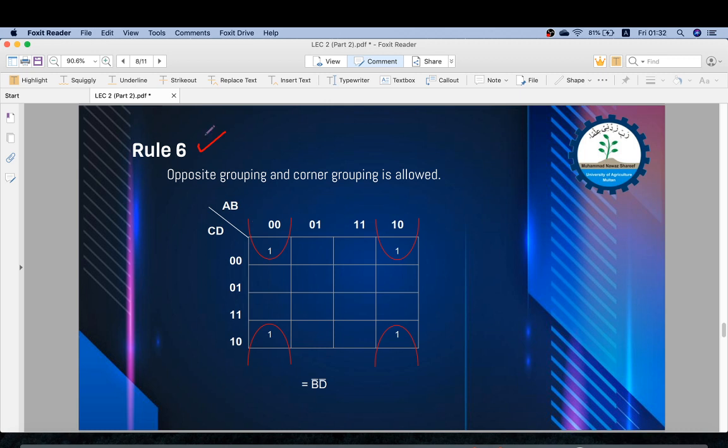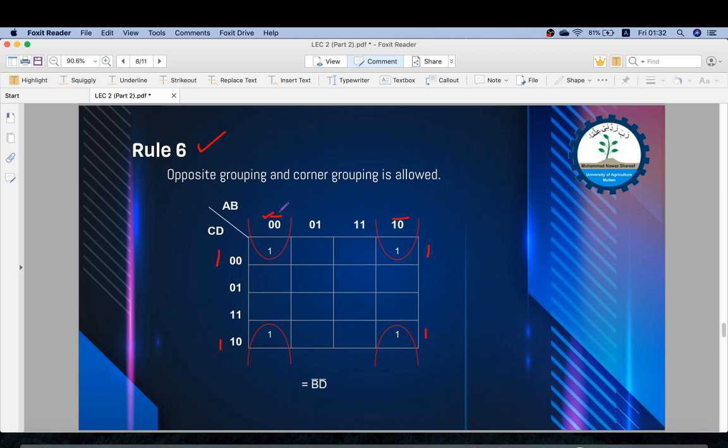Now we don't need to make 4 equations. So how will we make this equation? What is common here? Here it is 0 0 0 0 and 1 0. Here it is 1 0 0 0 and 1 0.